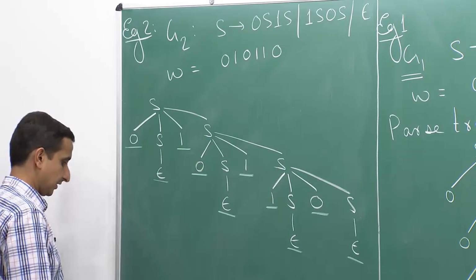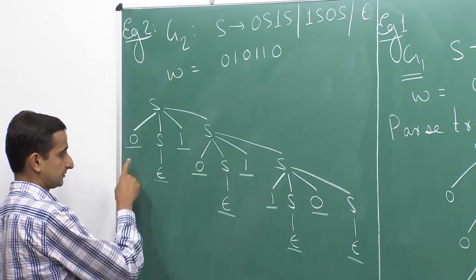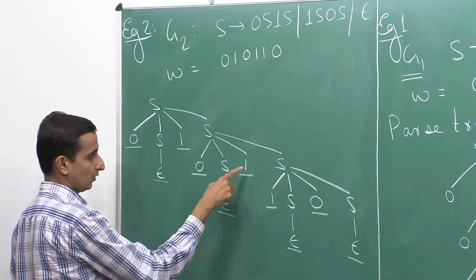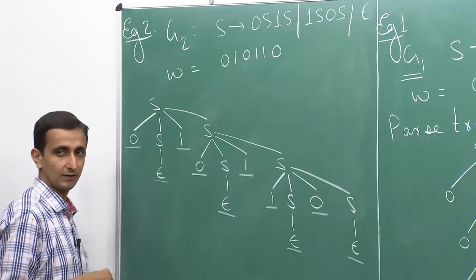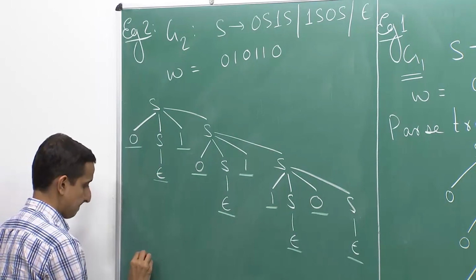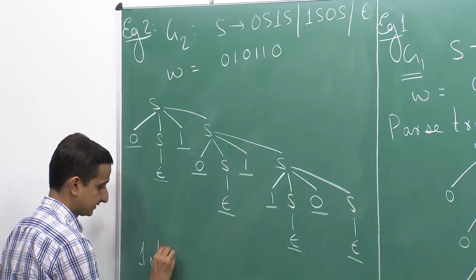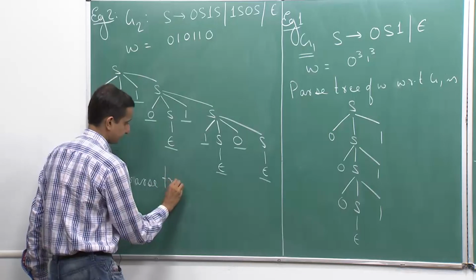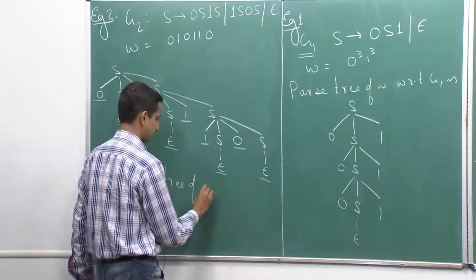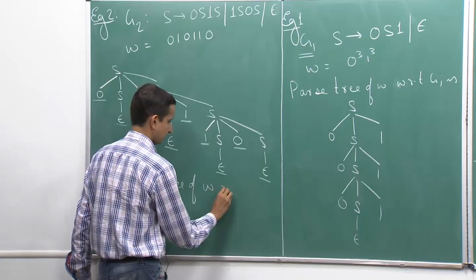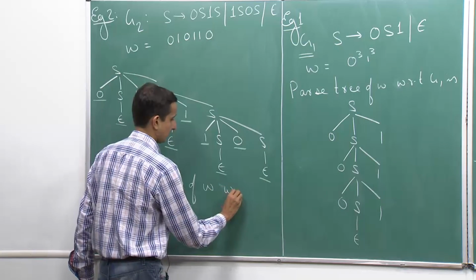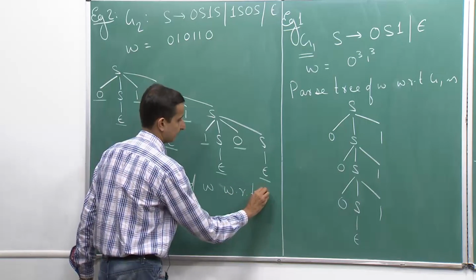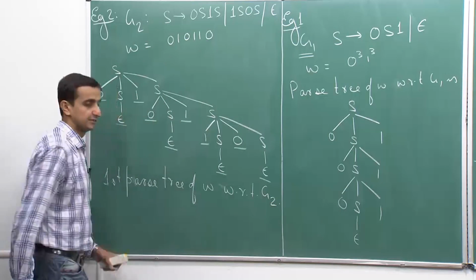Okay. So, if I concatenate them, I get the string 0 1 0 1 1 0. Okay. So, this is, let us say, first parse tree of W with respect to the grammar G2.